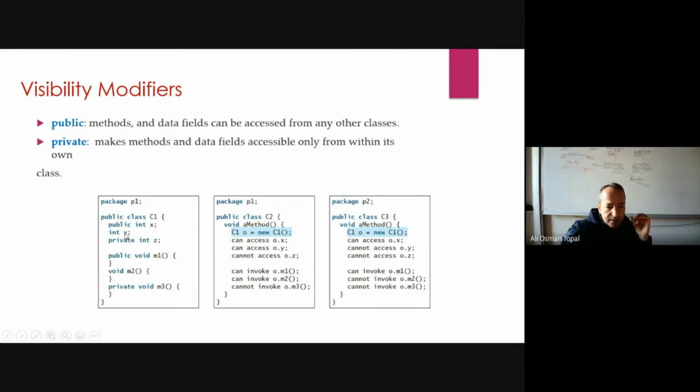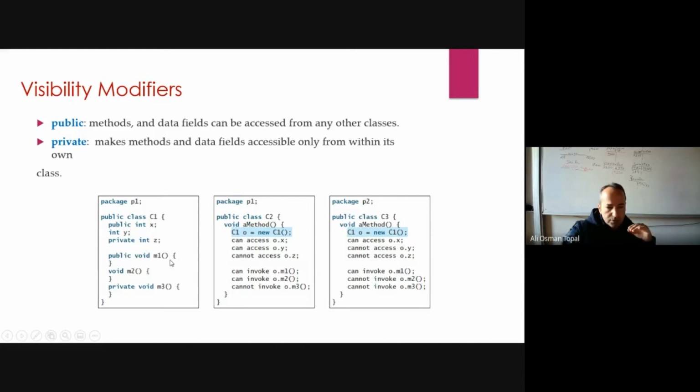I can access Y, it is going to be public again as a default. But I cannot access Z. Why? Because they are not in the same class. This is C2, this is C1, and this is private, and it is going to be only for C1. Even if you create an object of your class in another class, you don't have access to Z. This is private to C1.